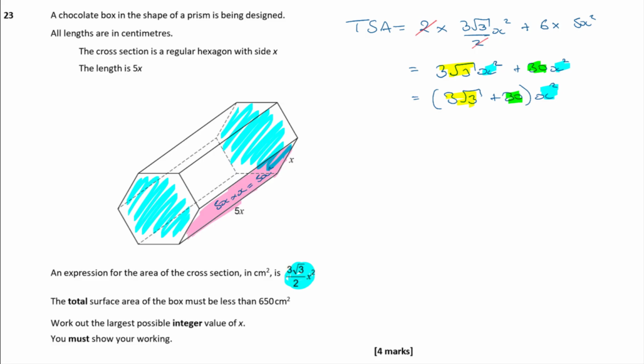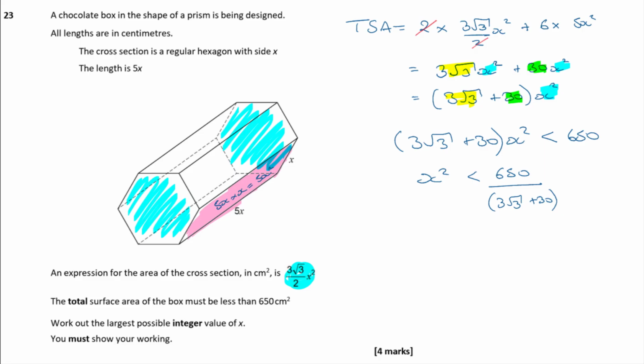So we're going to take that expression, 3 root 3 plus 30 lots of x squared, and that needs to be less than 650. Then rearranging that to make x the subject, x squared is going to be less than 650 divided by 3 root 3 plus 30 on the bottom like that.